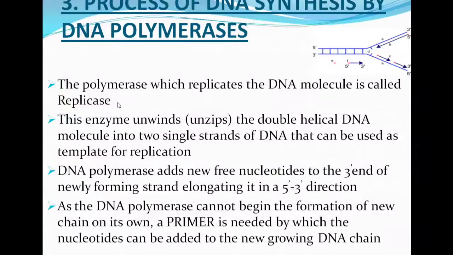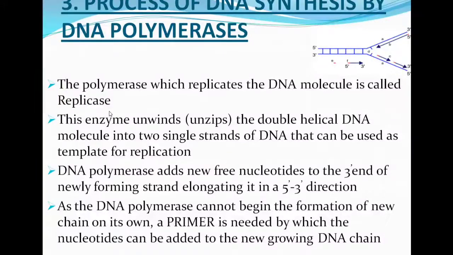Why is it required? The DNA double helical structure is twined, intertwined with each other. So to unzip or unwind such a DNA molecule, this enzyme is required, which is called replicase.